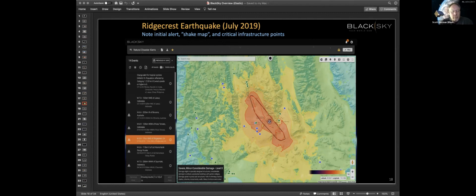These are critical infrastructure facilities or customer facilities, and we're basically tasking those for our satellites to go take pictures. So within seconds after an earthquake happens, our satellites are already being reprogrammed, retasked to go and get images of those facilities so we can do some immediate damage assessment to figure out whether those critical infrastructure facilities are still in play or not.